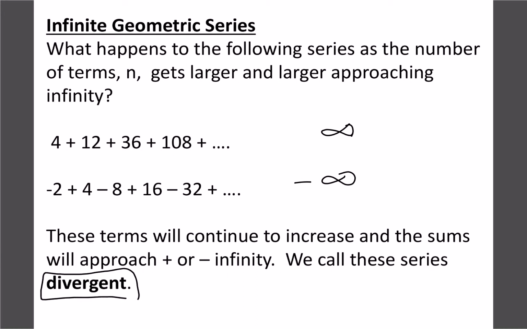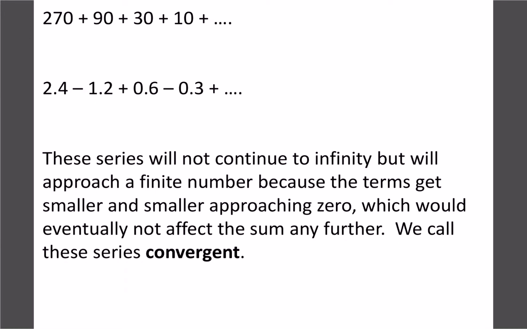So if the numbers get larger and larger, we call those a divergent sequence or a divergent series. It just keeps getting bigger and bigger. Doesn't do too much for us. But if our numbers get smaller, so if we go from 270, divide by 3, we get 90, divide by 3, we get 30, and so on, this is going to get smaller and smaller. Eventually, we'll get such a small decimal that it's not going to do anything. And it doesn't matter, again, if we go positive, negative.